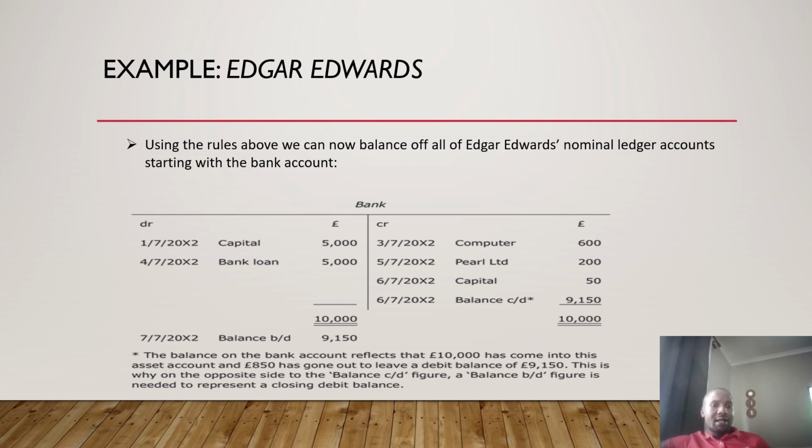So this is why, on the opposite side to the balance carried down figure, the balance brought down figure is needed to represent the closing debit balance on the bank account. So in short, this bank account has a closing debit balance of 9,150, and it is this figure that is going to be reflected on our trial balance.